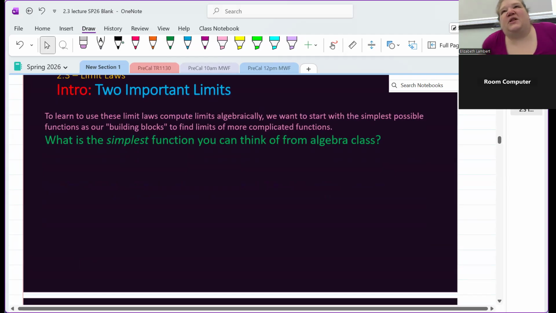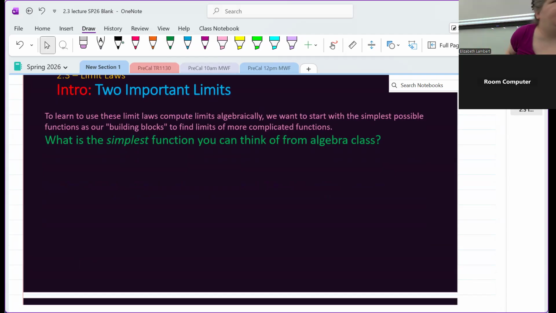So all those limit laws, all the examples were written in terms of functions, just random f of x's and g of x's. We want to break this down and think of like what are the simplest functions you can think of from algebra class, like the simplest, boringest graphs. So a line mx plus b.